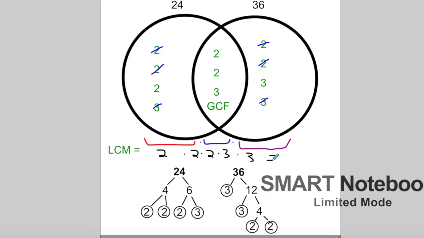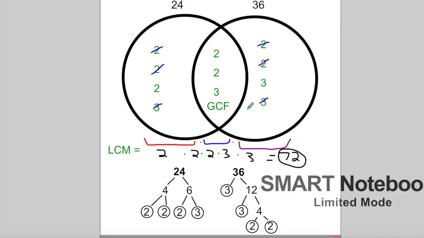And if we take 2 times 2 is 4, times 2 is 8, times 3 is 24, times 3 is 72. So our least common multiple of 24 and 36 is 72, which is a lot faster method than actually writing it out and finding all of the multiples of 24 and 36.